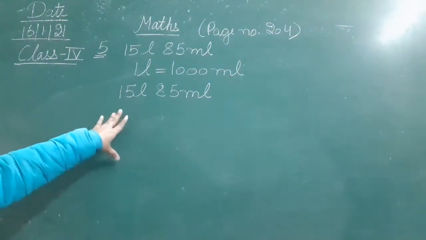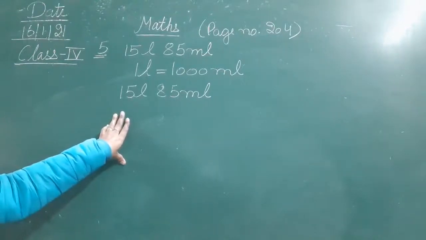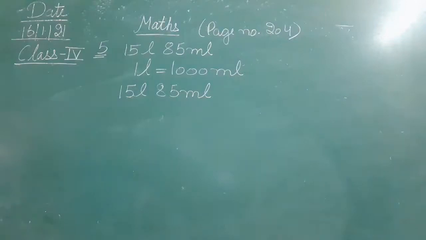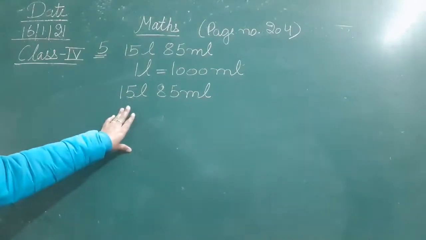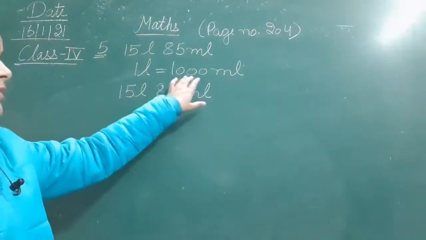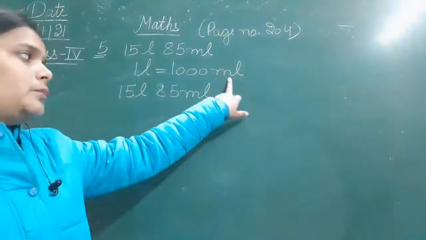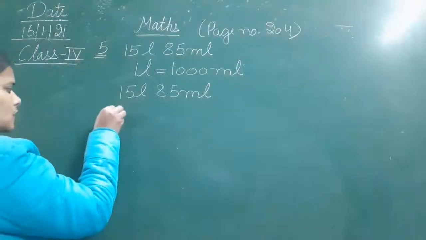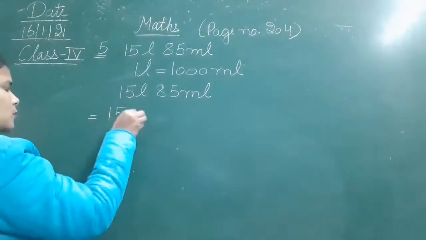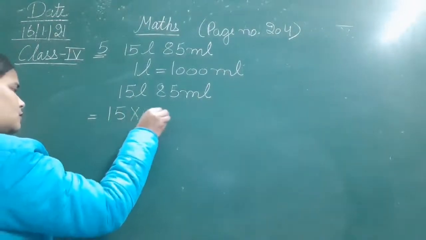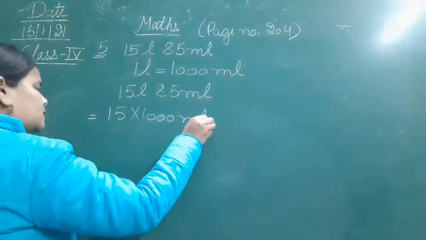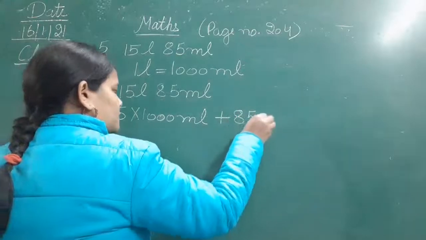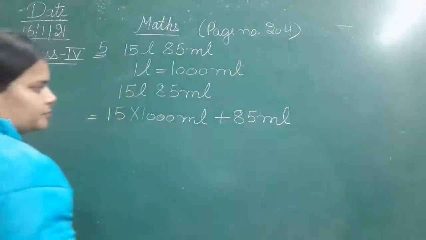And for converting 15 liter into milliliter, we will multiply it with 1000. तो फिर लीटर को अगर हम 1000 से मल्टीप्लाई करेंगे it will be converted into milliliter. तो लिखिए 15, if you multiply 15 with 1000, it will be milliliter plus 85 milliliter.